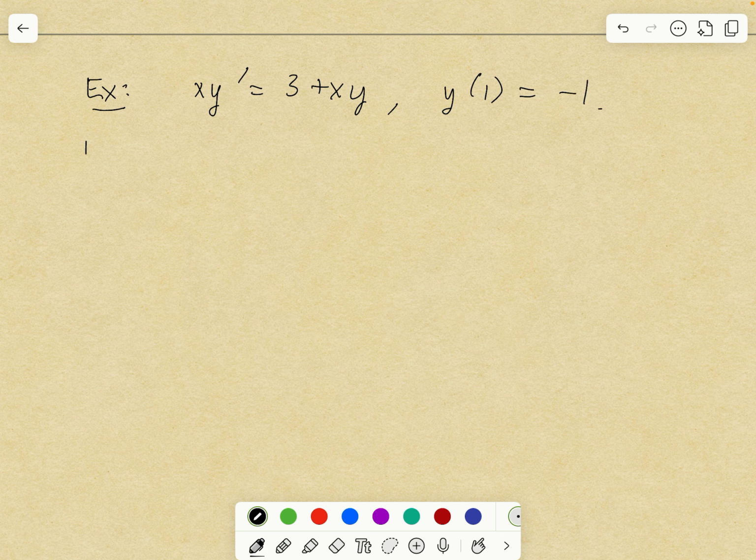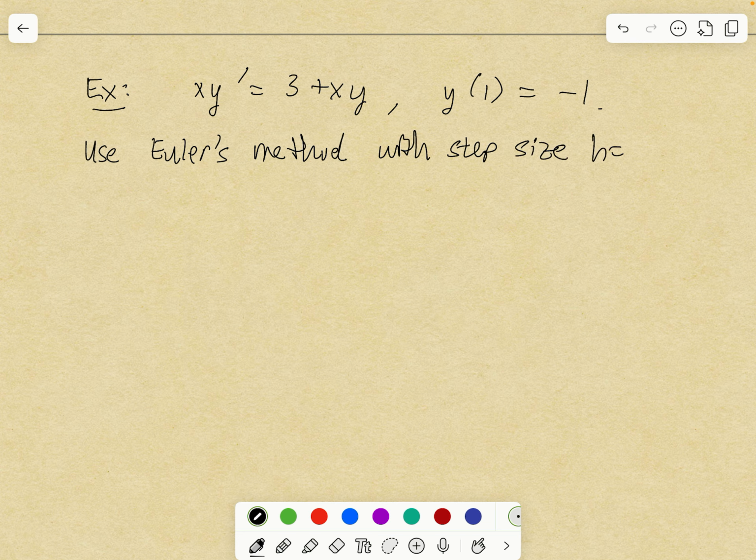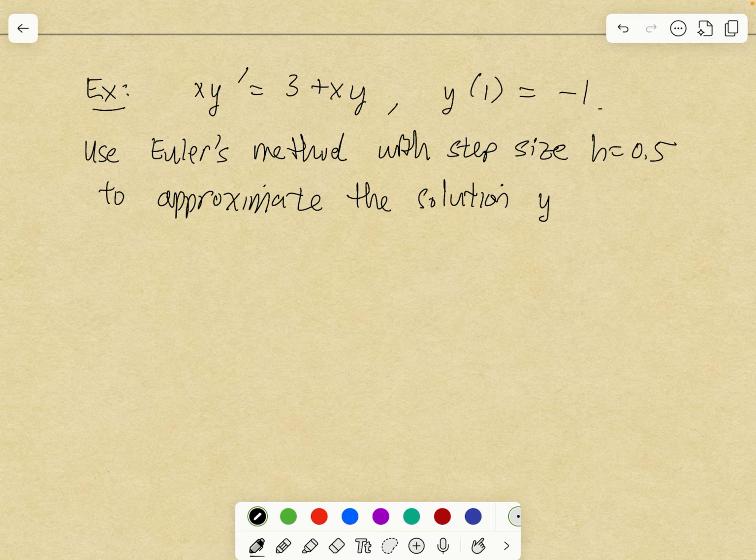And it says, use Euler's method with step size h equals 0.5 to approximate the solution y of x at the point x equals 2.